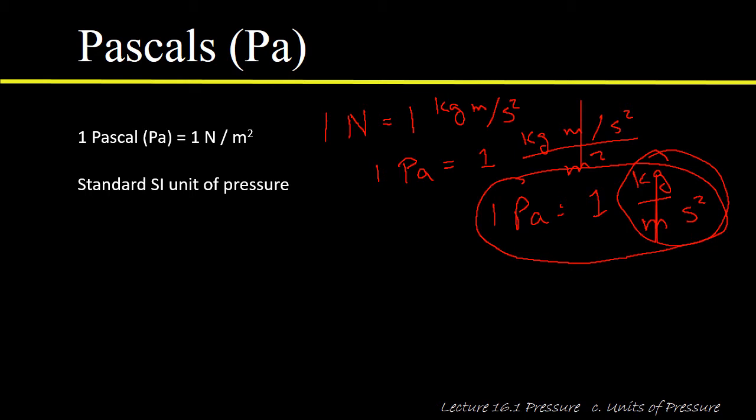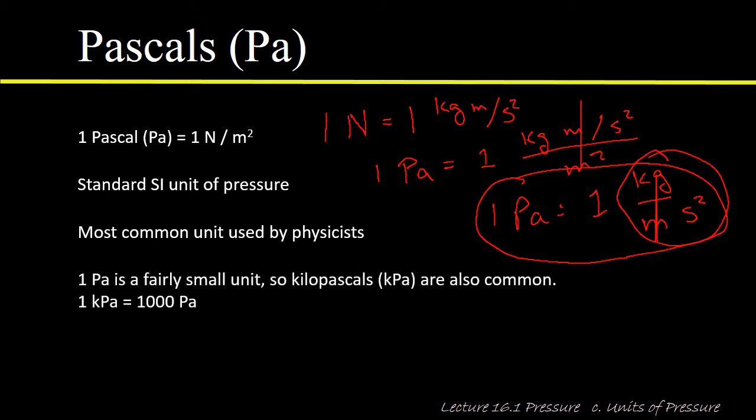So that's another reason that it's important. This unit is primarily used by physicists. If you're doing calculations on pressure where you're calculating forces and things like that, this is the most convenient unit to use. It's not really used by chemists very often, but it's important to have this as kind of a foundation, and also to see how it's related to some of the other units.